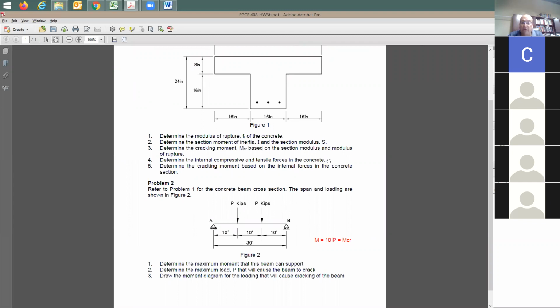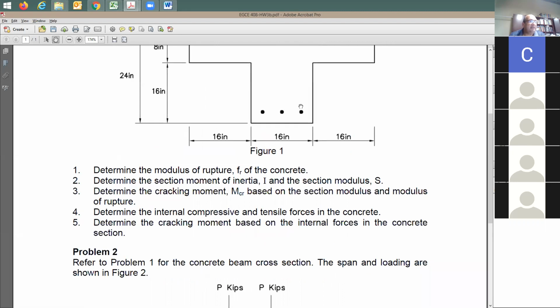No. Generally speaking, when you have an uncracked section, when you're talking about the cracking moment, bars do not count. Ignore them as if you don't see them. This is why I didn't mention the rebar size or number. It looks like 3, yes, but you don't know the size. Rebars are ignored because we are talking about an uncracked section.